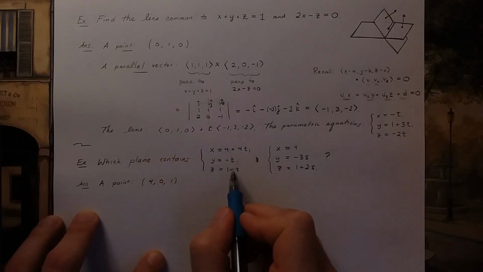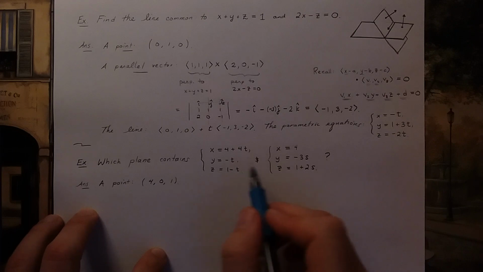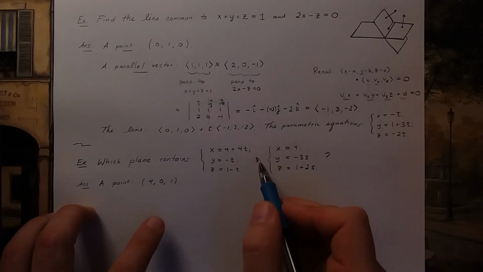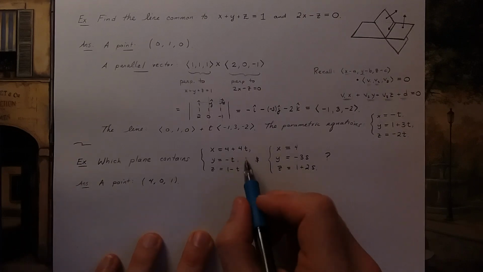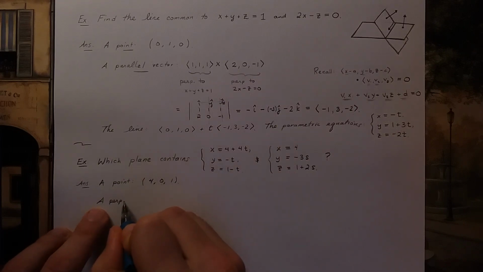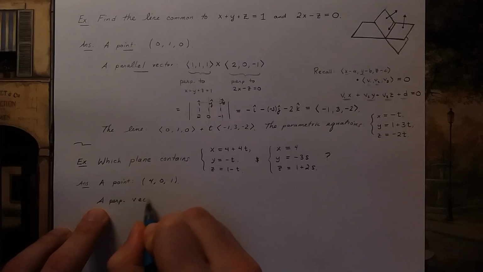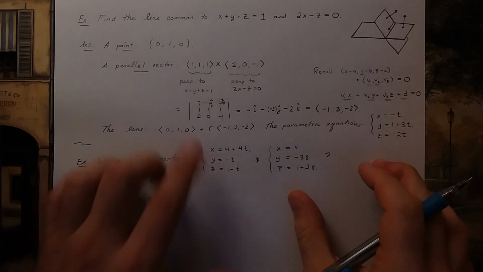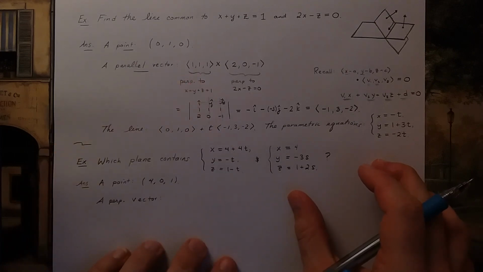So there's a point on my plane, but there's a lot of them. Now I need a perpendicular vector to my plane. To get a perpendicular vector, I'm going to again take a cross product.